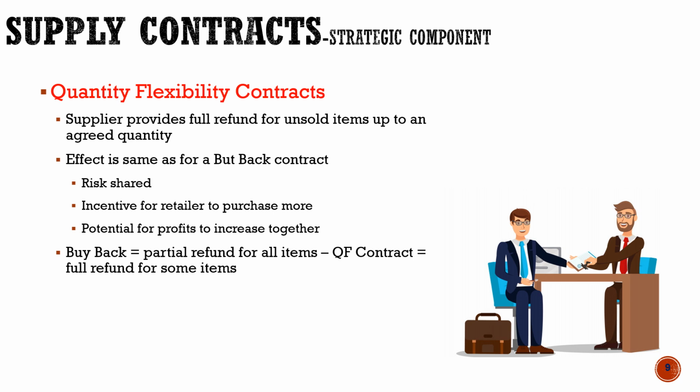Risk is shared, there are incentives for the retailer to purchase more, and potential for profits to increase together. Under a buyback contract, the supplier or the seller provides a partial refund for all items, while under a quantity flexibility contract, they provide a full refund, yet for some items.